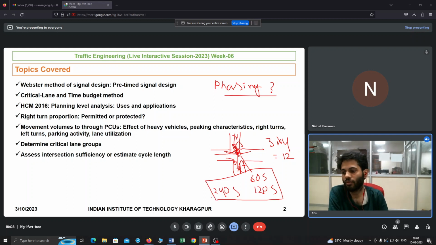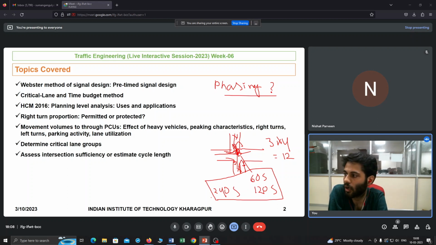Because if your signal timing is high, that means your green time is also high, and as your green time share increases along a particular movement, there will be more delay in the other movements. Or the scenario may come that you have a green going on at a particular through movement, but there are no vehicles, but still you are giving green, and there are more vehicles waiting at the other leg, and you are not giving green to them, right? So this kind of scenario is not acceptable.